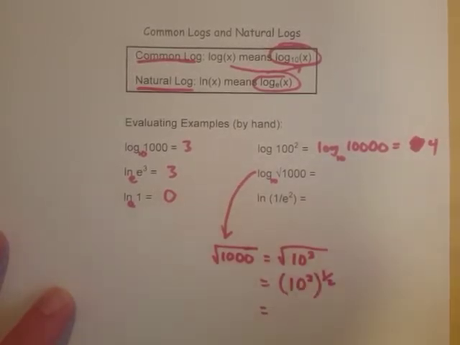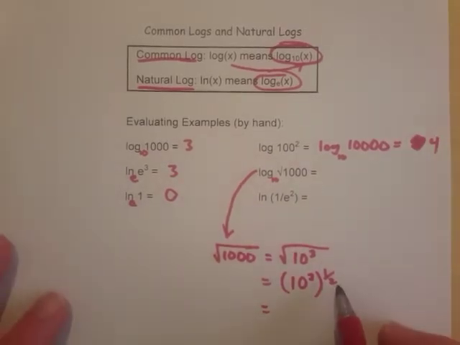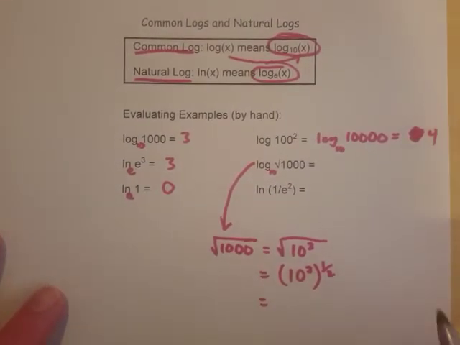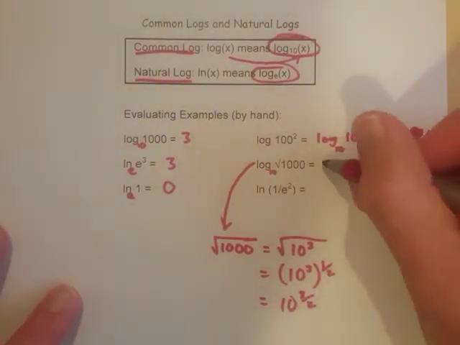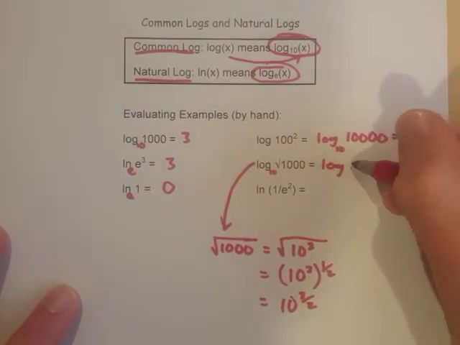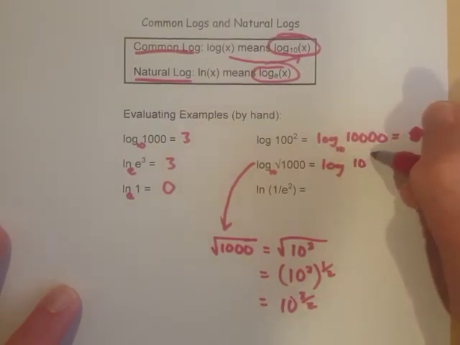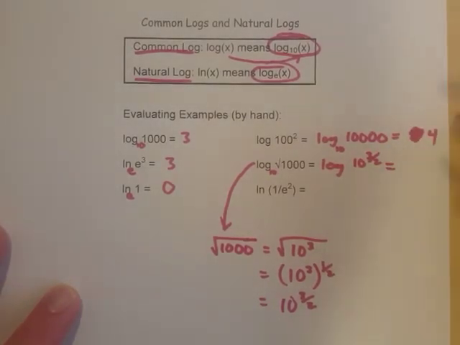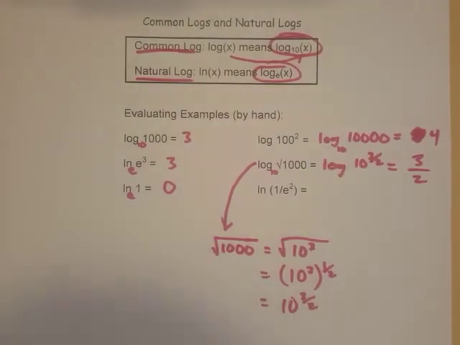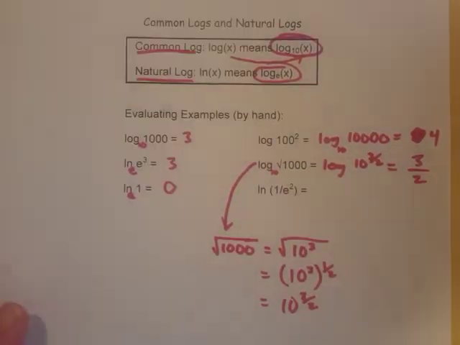And now I can multiply those exponents together to just make it 10 to the 3/2. So this means log of 10 to the 3/2. So that overall equals 3/2, or 1.5. You'll get 1.5, of course, if you punch it in on your calculator.